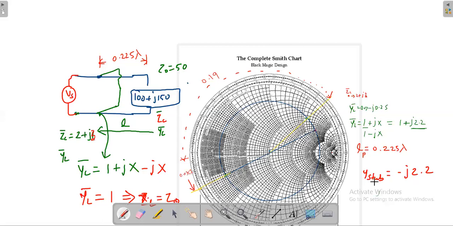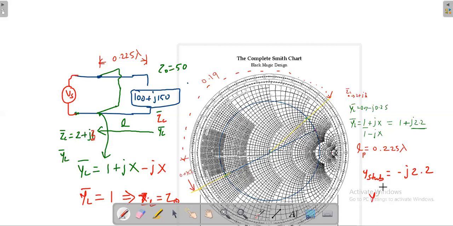How to go about this one, sir? Admittance is minus j 2.2. Any idea is there? Can I do one thing, because my admittance of the stub is something like this.